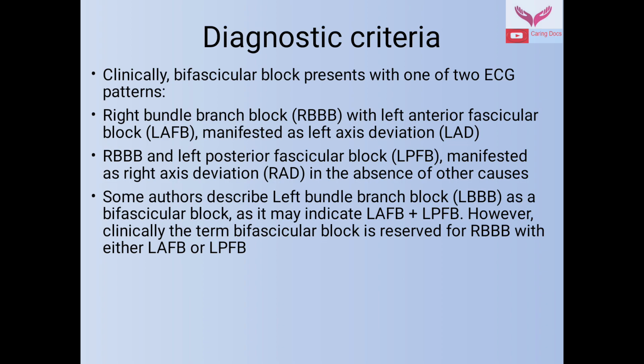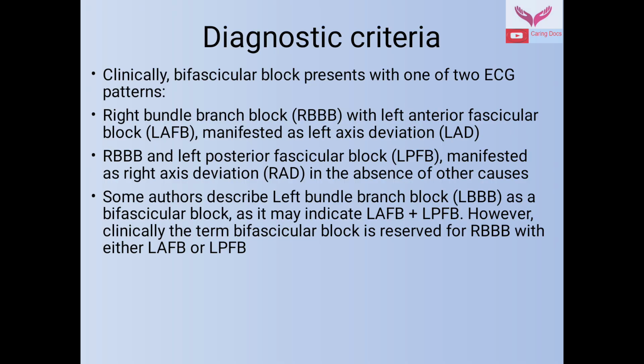Some authors describe left bundle branch block as a bifascicular block as it may indicate left anterior fascicular block plus left posterior fascicular block. However, clinically the term bifascicular block is reserved for a right bundle branch block with either left anterior fascicular block or left posterior fascicular block.